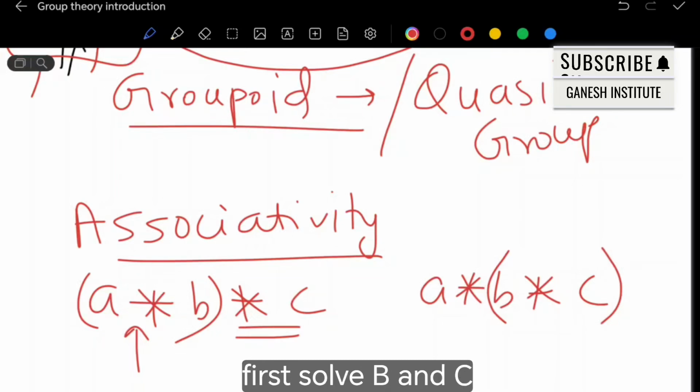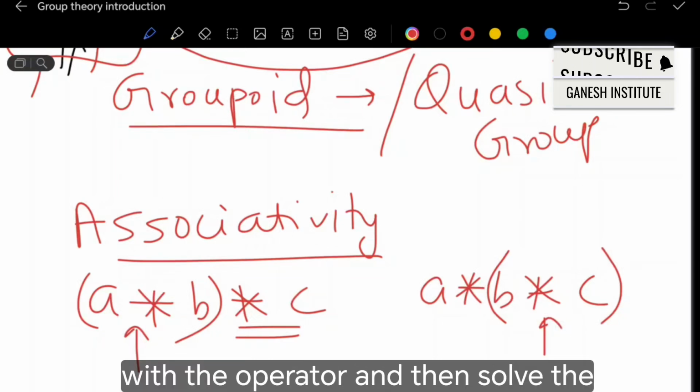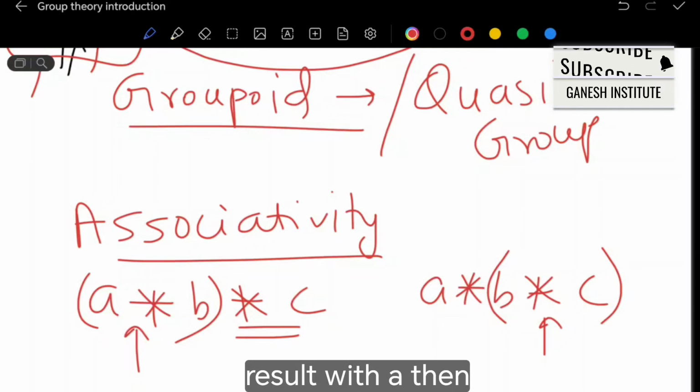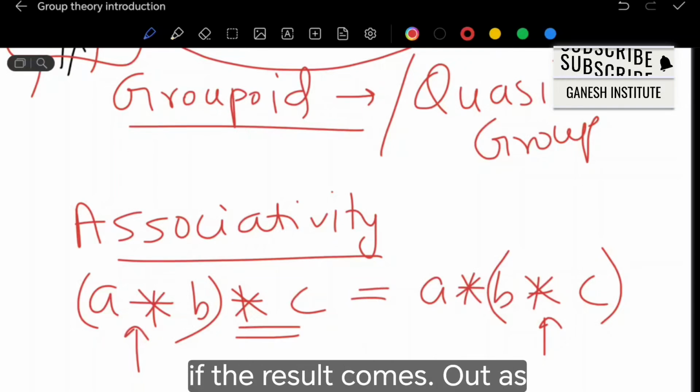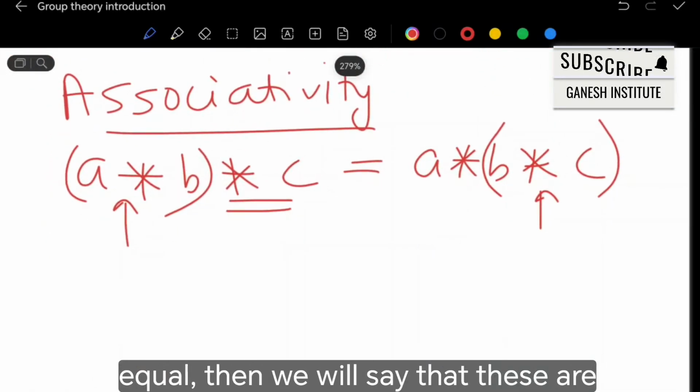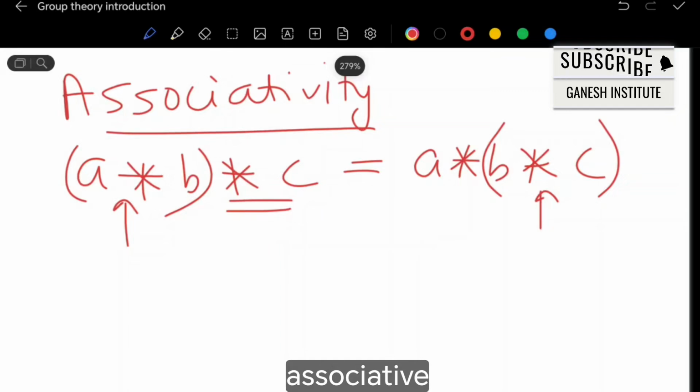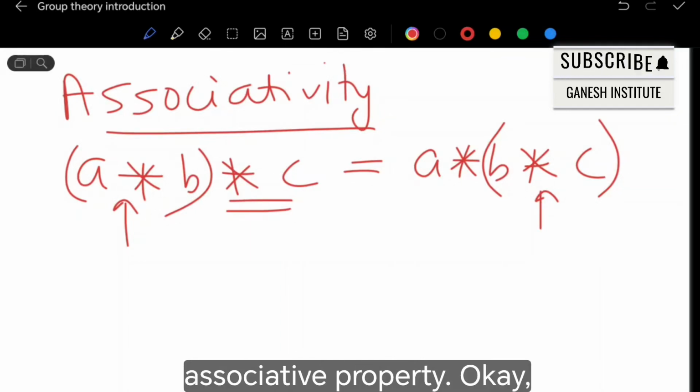We will first solve B and C with the operator and then solve the result with A. Then if the result comes out as equal, then we will say that these are associated. This is following the associative property.